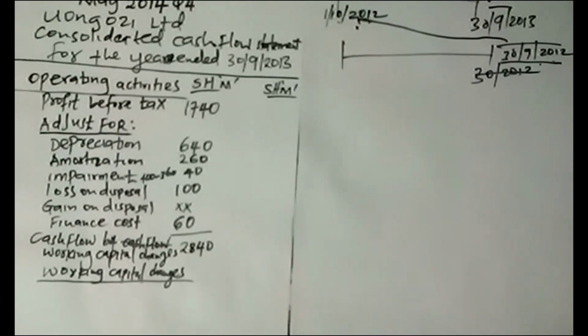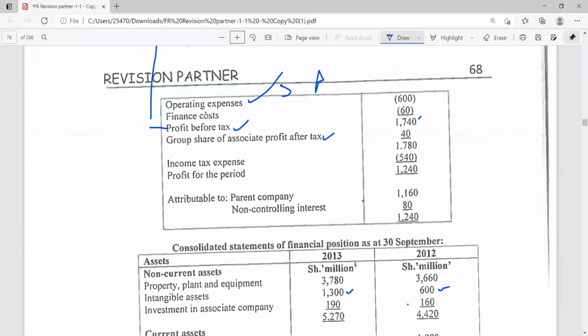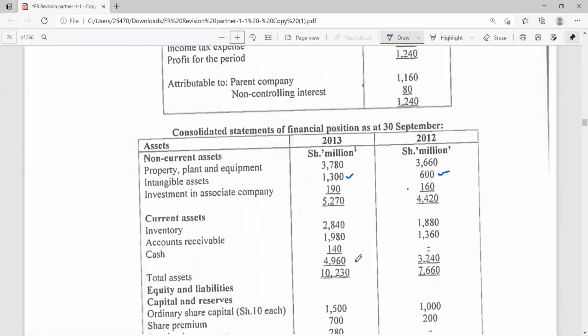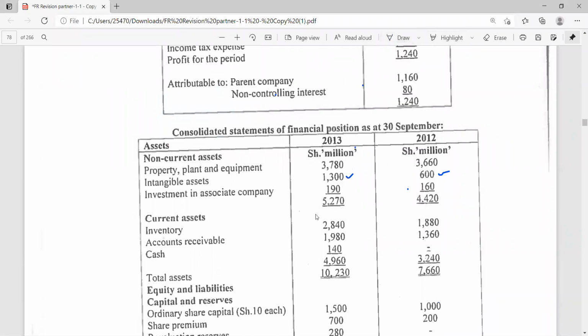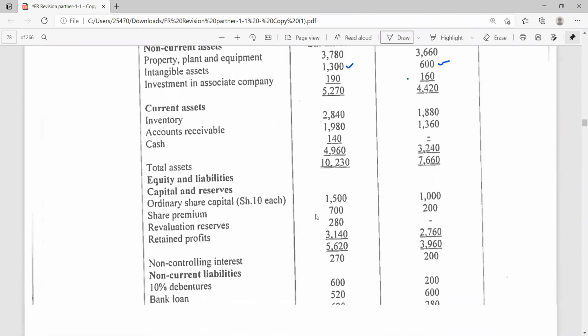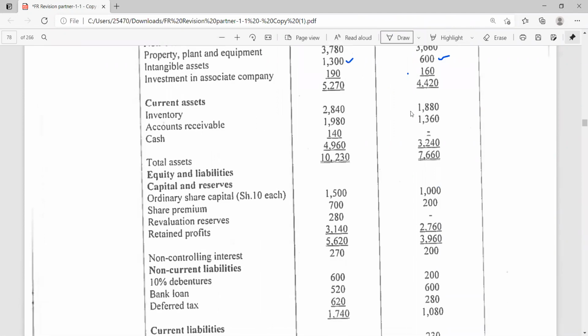So the changes, the increase or decrease in those items. Go to your current assets. You can see we have inventory. Did the inventory increase or decrease?